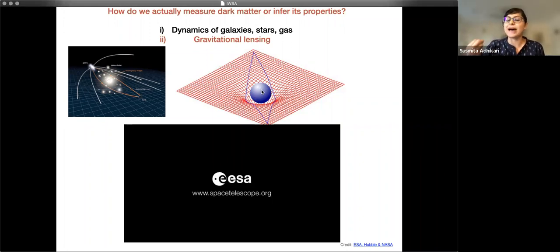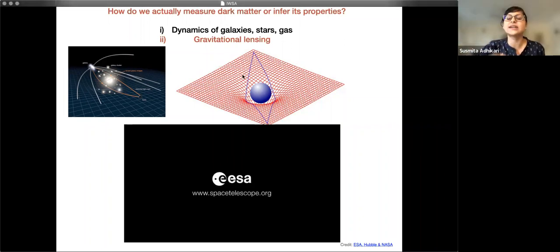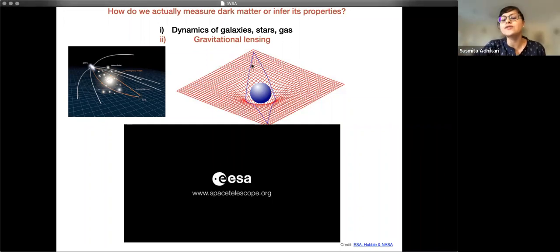So if you have any really massive object, it will bend space-time, and light and all matter, including even photons, the carriers of light, follow curves on these geodesics, or basically paths on this space-time. Light essentially follows the geodesics, but because the geodesics themselves get bent around massive objects, the path of light bends around mass.